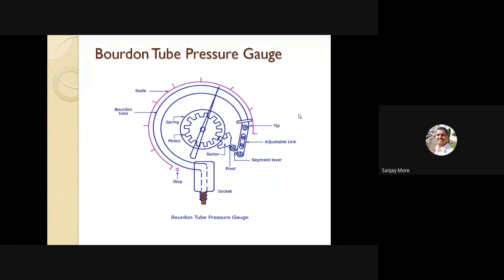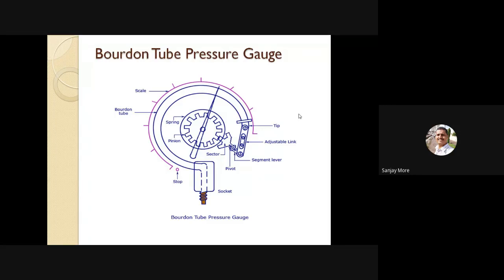The subject is totally theoretical, so I don't know if this exam will be online or offline. These are not decided yet. But if an offline exam is there, these diagrams and the theoretical part are most important. Don't only focus on MCQs.